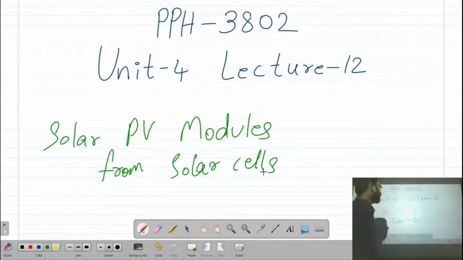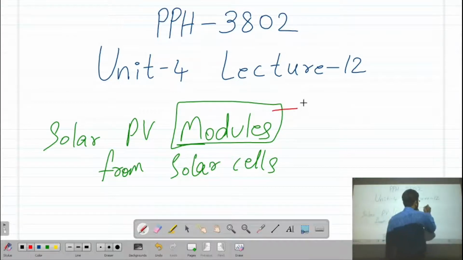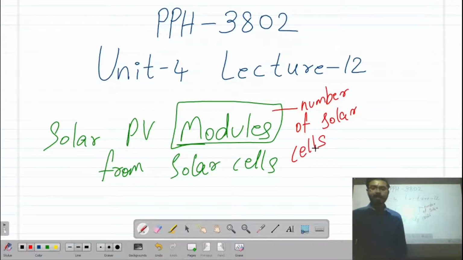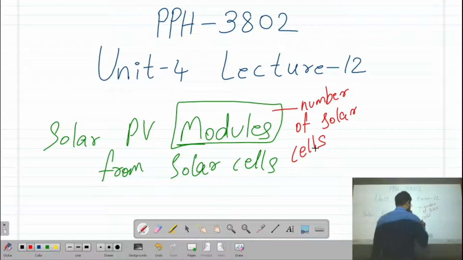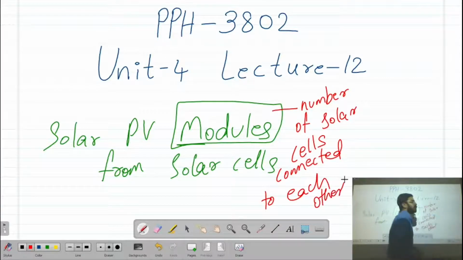Now, what are modules? Modules are nothing but a number of solar cells connected to each other.